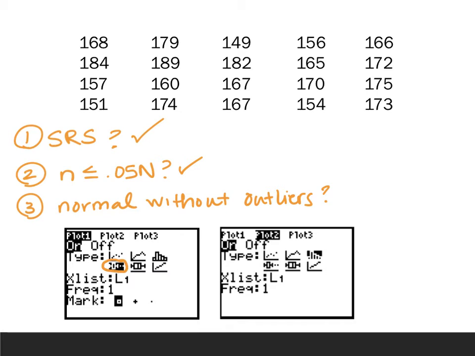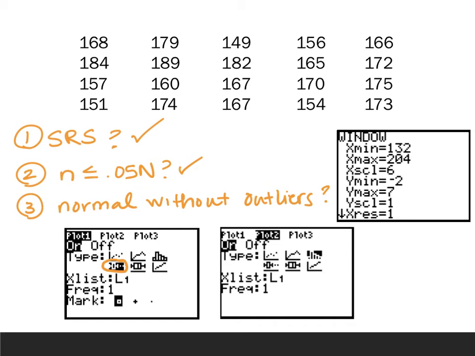But before I graph, I also want to go ahead and do a histogram. So a histogram is going to show me if it's normally distributed or not, or approximately normal. So what I want to do then is, I could do zoom 9 for zoom stat, but I did that and it didn't look great. The graphs were overlapping. So I changed my window and I made my window look like this.